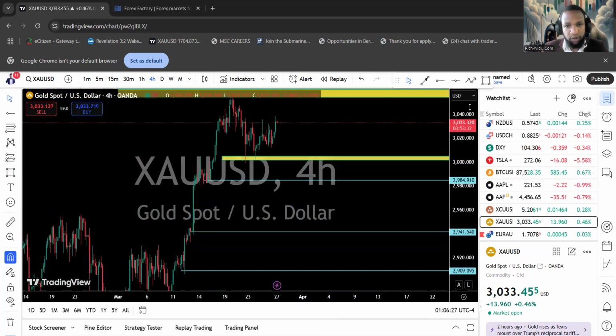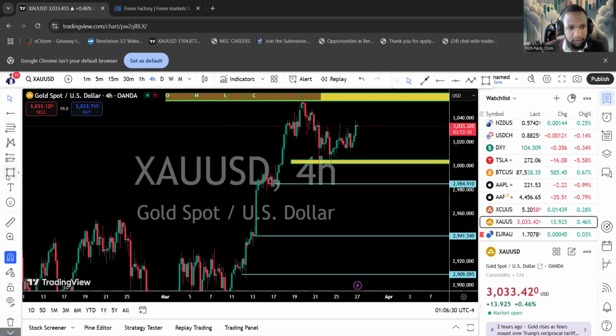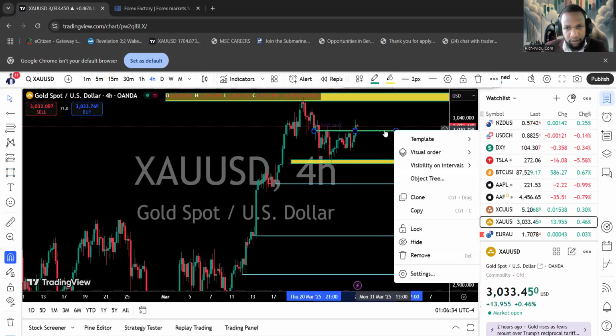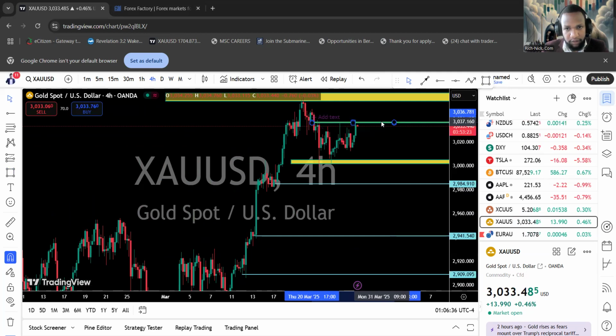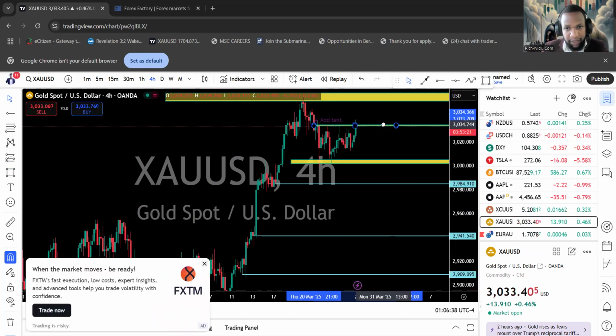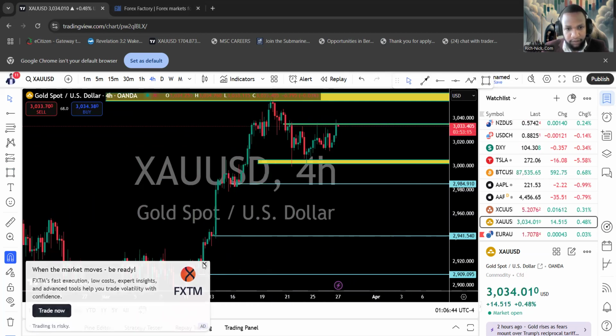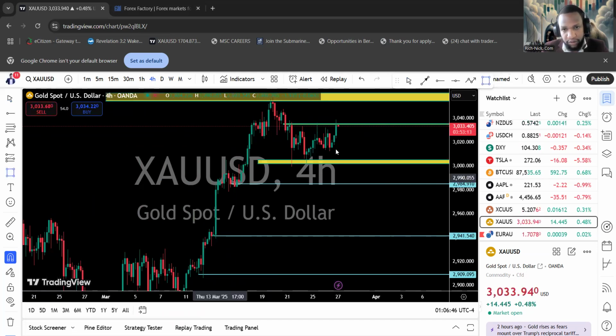All right, so we're on 4 hours. We're looking at a resistance level right over there. We see where the market is right now? The market is seated on a 4 hour resistance. It's actually knocking onto a 4 hour resistance.